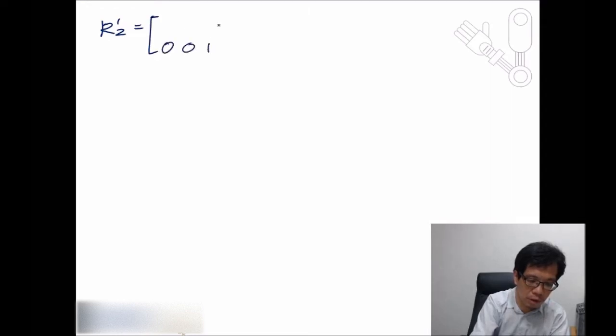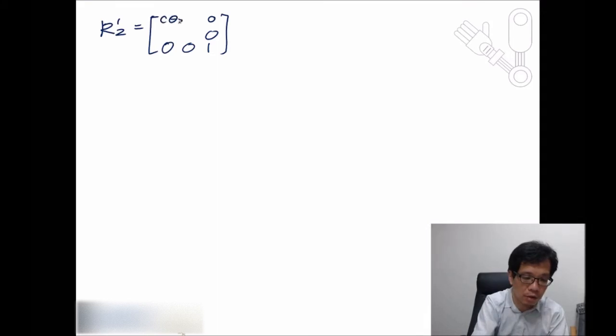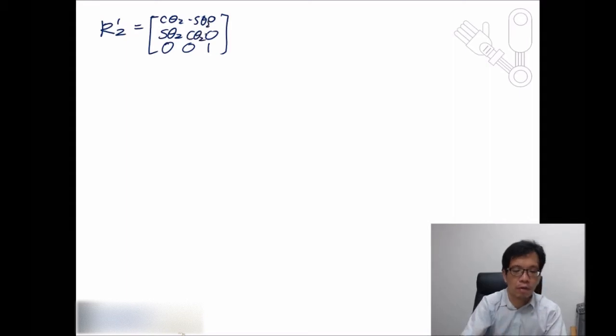Okay, the rotation matrix for 1 to 2 is going to be 0, 0, 1, 0, 0 over here because we are rotating about the axis again. So we have cosine theta 2, sine theta 2, negative sine theta 2, and cosine theta 2 for the coefficients over here.